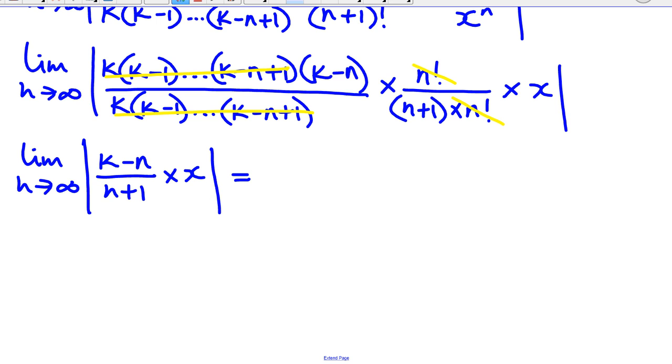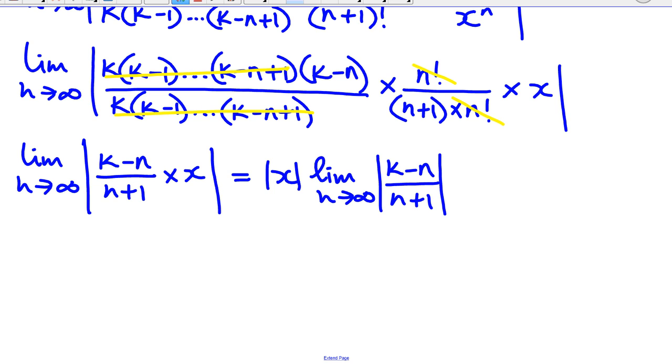This can be written as the limit as n approaches infinity of, you can actually factorize out x, so the absolute value of x, and then the limit as n approaches infinity of k minus n over n plus 1.